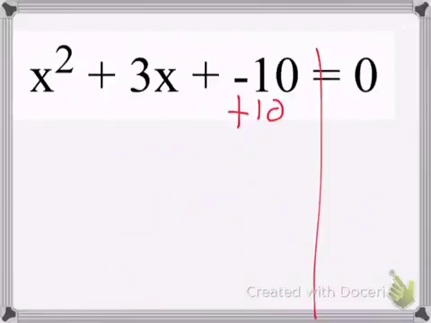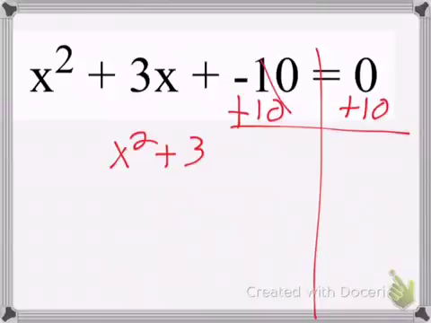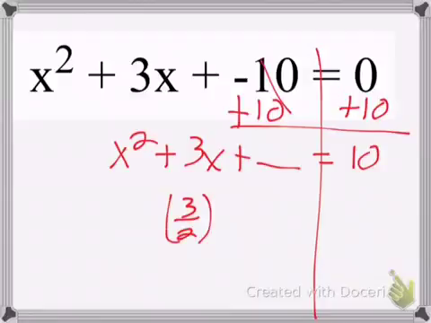Next example, add 10 to both sides. You get x squared plus 3x plus blank equals 10. 3 divided by 2, squared, equals 2.25.